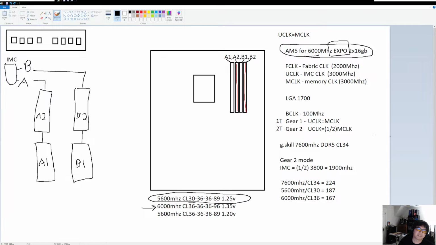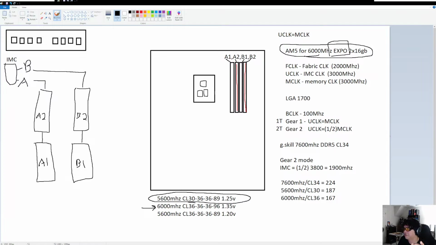It might be the F-clock. If I had to guess the reason why AMD's latency is worse, it's probably because of the F-clock, the fabric clock, only typically going at around 2000. Because with the AMD architecture, on the AMD CPU, you have your dual CCDs, then you have your I/O die right here.